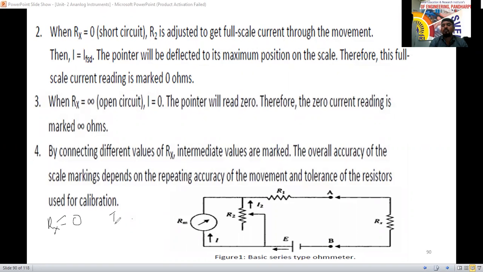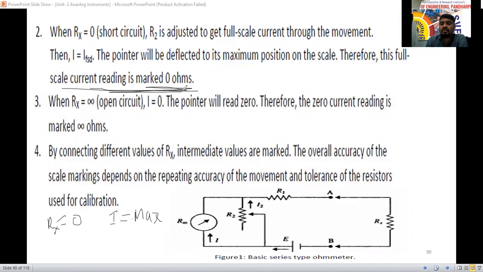Therefore, this full scale current reading is marked as 0 ohms. If the full scale current is deflected, we can consider that the resistance is 0.